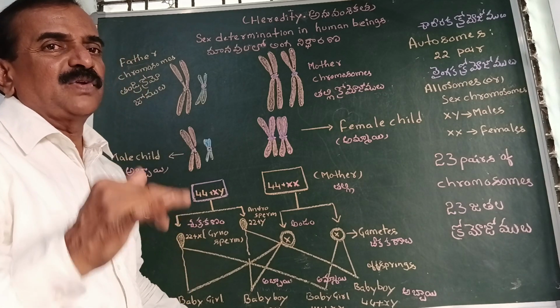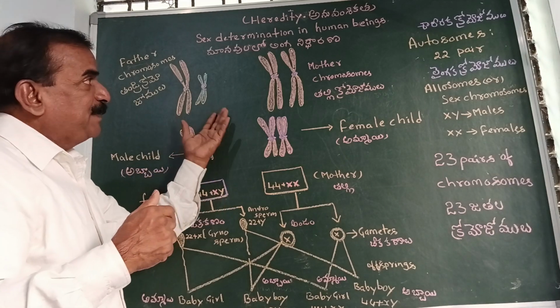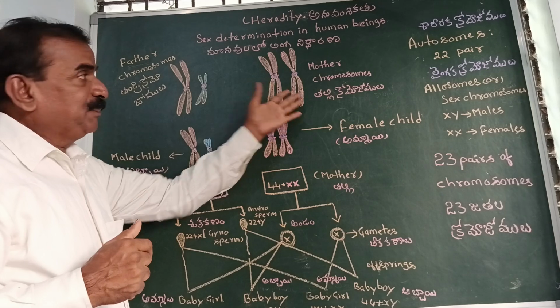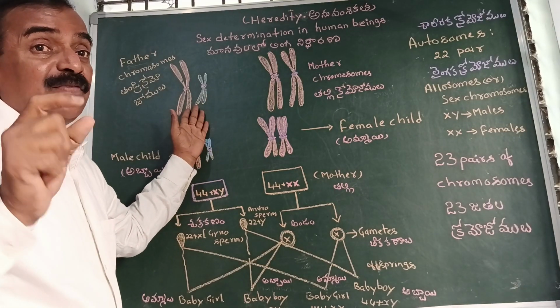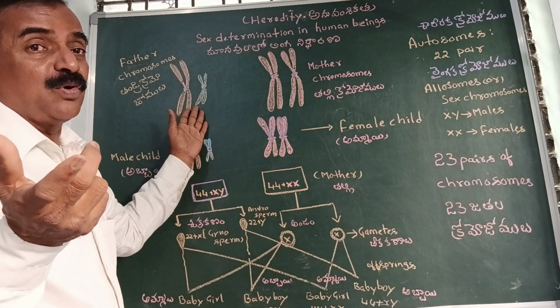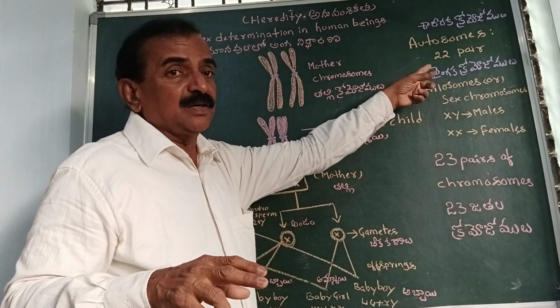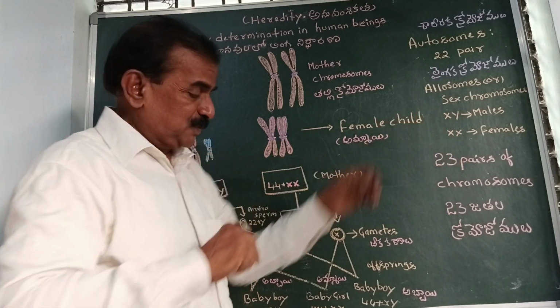Parents are two, male parent and also female parent, father and mother. Each cell of the human body consists of 23 pairs of chromosomes. Out of 23 pairs, 22 pairs are autosomes, and one pair of chromosomes are allosomes.